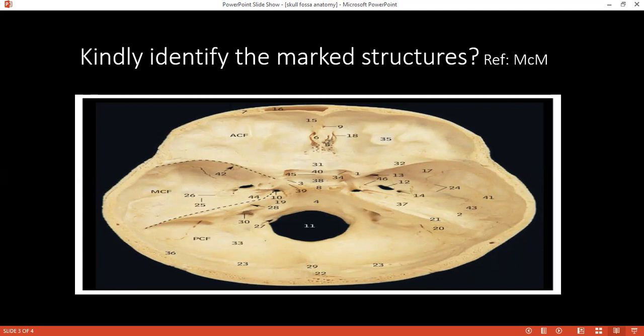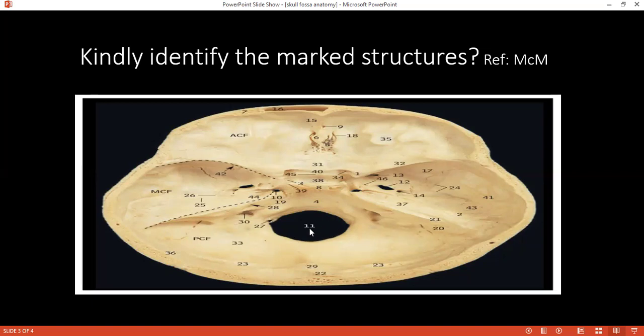Yes. And laterally? Laterally, the squamous and mastoid part of the temporal bone. Mastoid part. And superiorly? Superiorly by the tentorium cerebelli. Yes, very good. And inferiorly? Inferiorly by the foramen magnum.